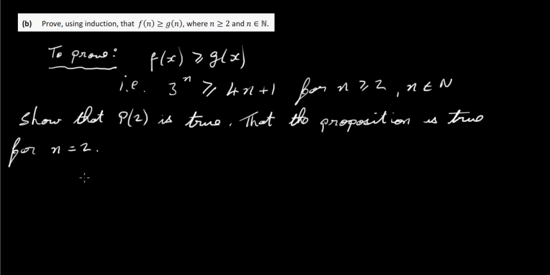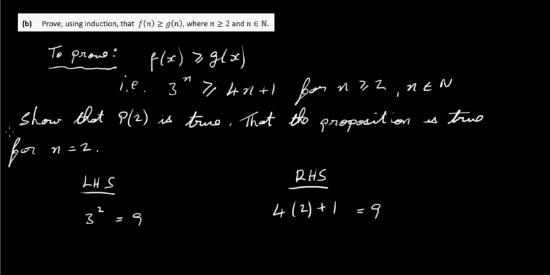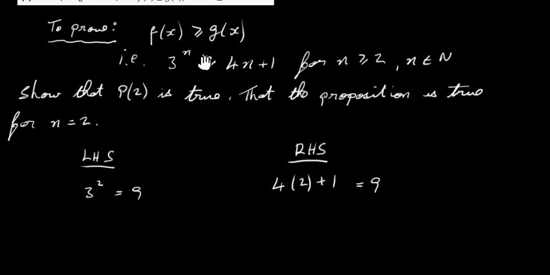So if we take the left hand side first, that's just going to be 3 to the power of 2, and the right hand side is going to be 4 times 2 plus 1. Well, 3 to the power of 2 is 9, 4 times 2 is 8, plus 1 is equal to 9. So is 3 to the power of n greater than or equal to 4n plus 1 when n is equal to 2?